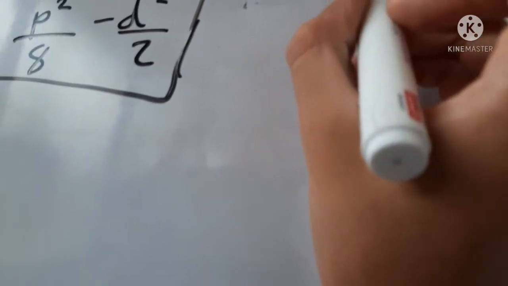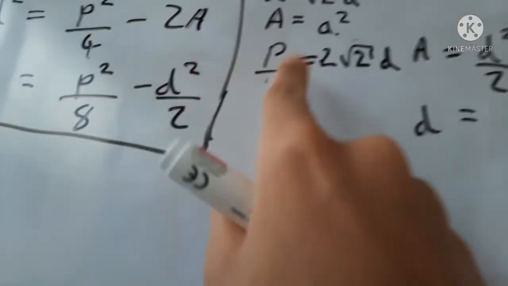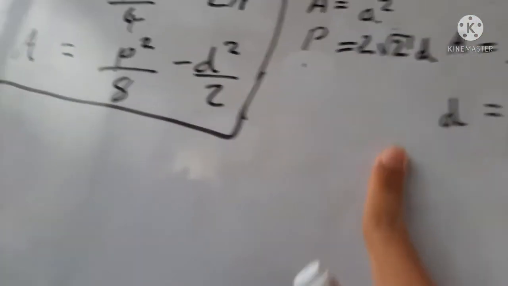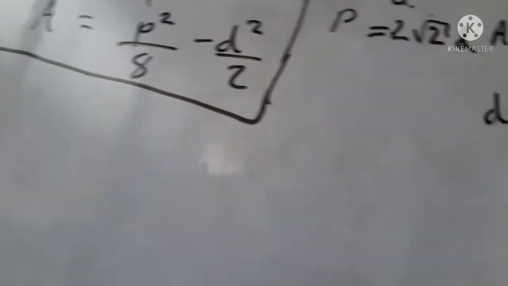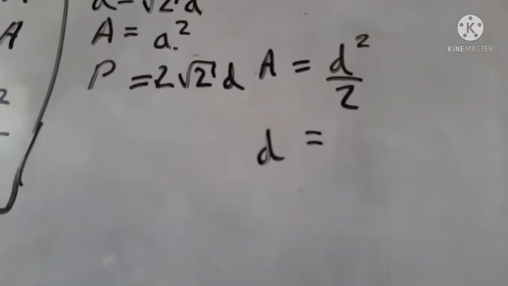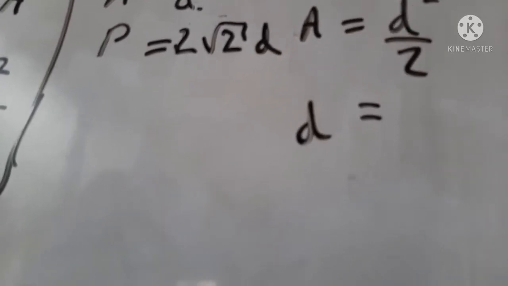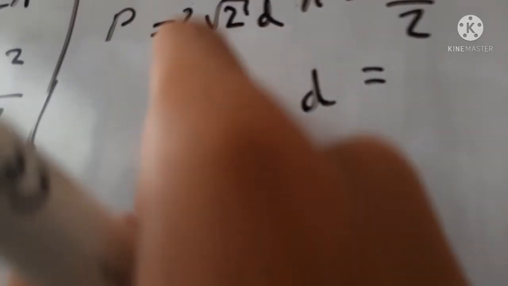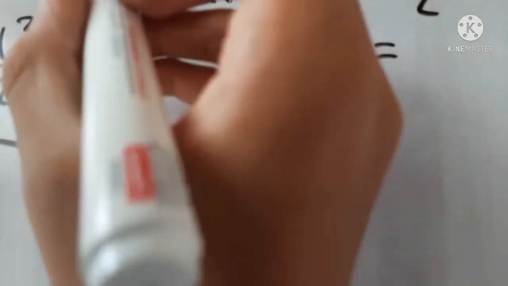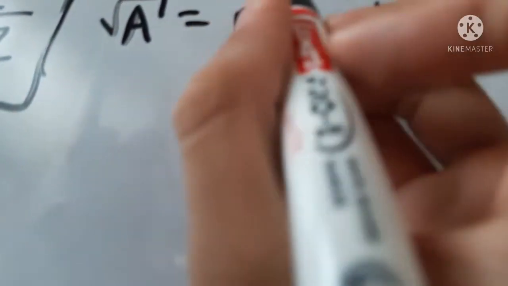It's more like 2 root 2 d, that makes sense. Then the square root of a was p over 4.